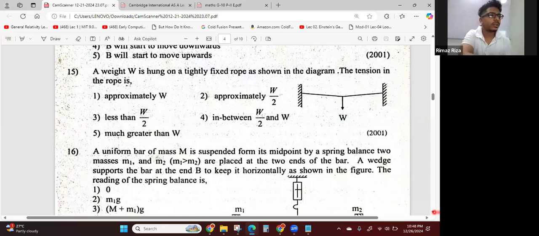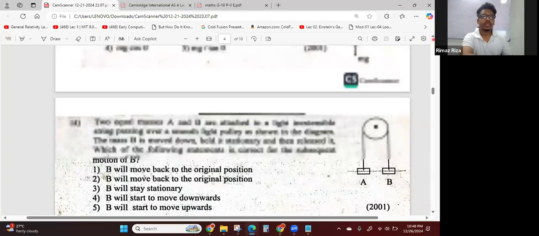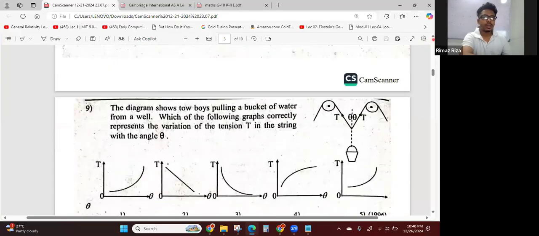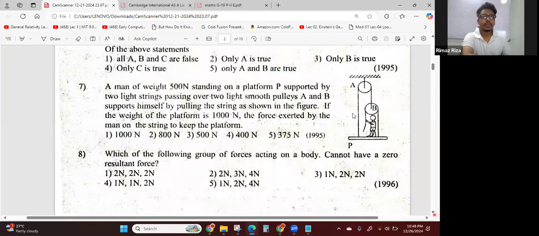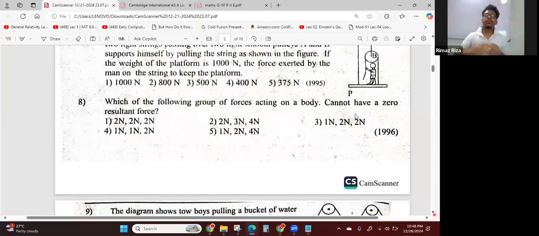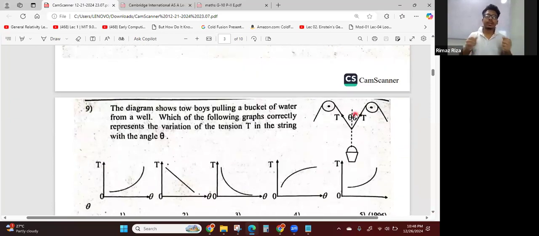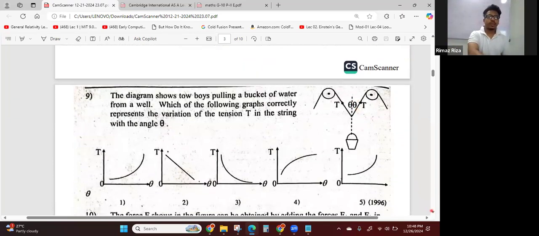A weight W is hung on a tightly fixed rope as shown in the diagram. The tension in the rope is. In the previous question, I told you if this angle theta is approaching 90 degrees, the required tension will be much higher, right?